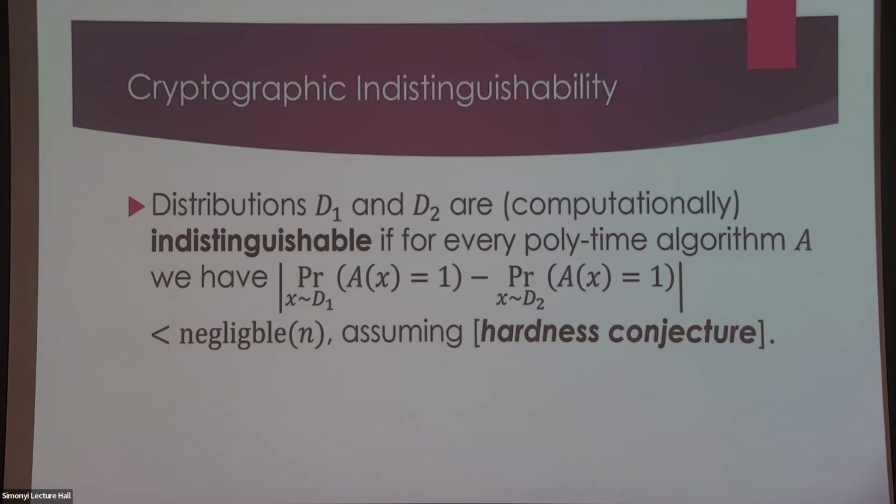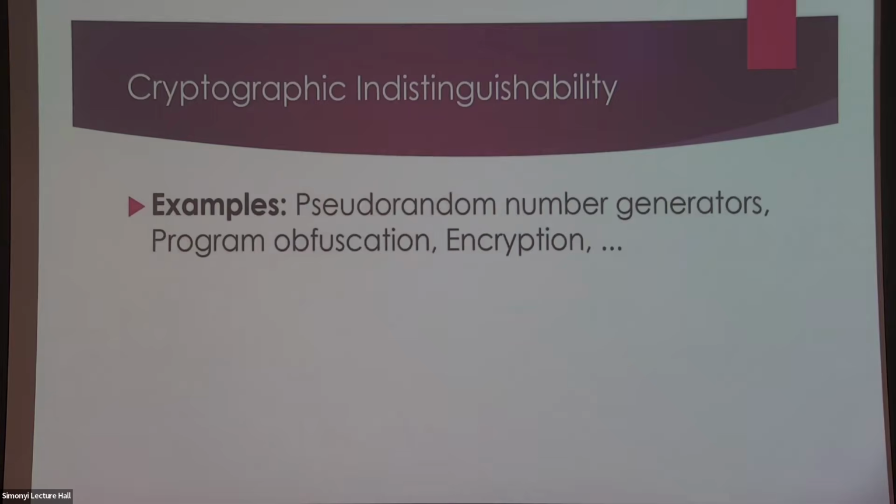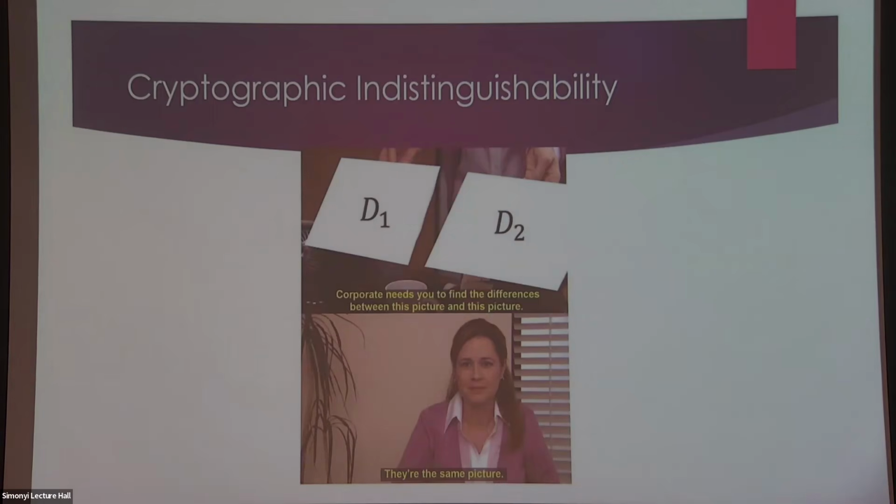Meaning that for every polynomial time algorithm, if I would allow it to take samples from the first distribution, or alternatively, I would allow it to take samples from the second distribution, but I will not tell it which, it will not be able to say with non-negligible probability which of the two distributions it's on, usually assuming some cryptographic hardness conjecture. Yes, so the entire notion is I can't distinguish between two distributions. I will not need anything more than that.